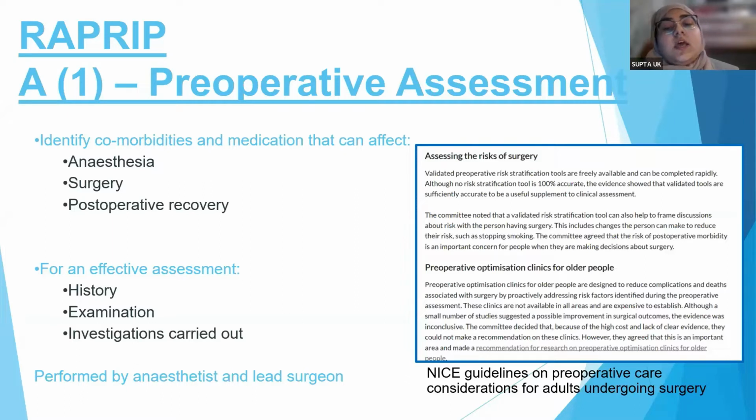NICE requires, which is why I've got this little image here, that in the preoperative assessment, you need to do a risk assessment and see which patients are not suitable, who are suitable, or patients who need further management, be it preoperatively with medications or fluid management, or those at risk post-operatively.